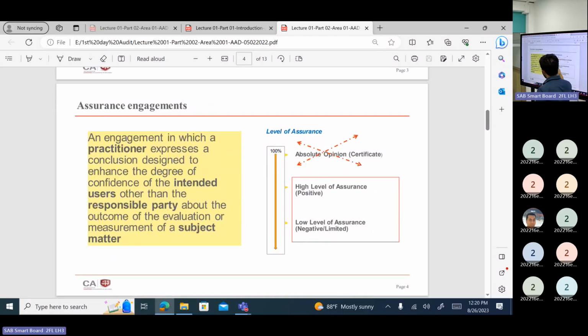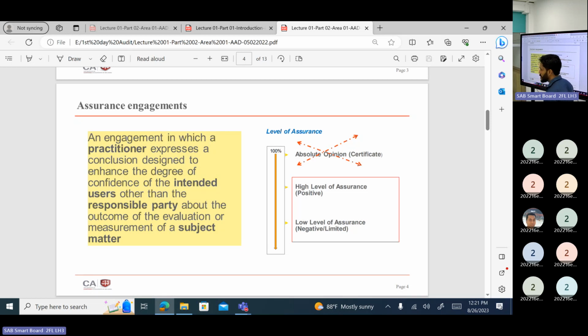So here we have assurance engagement, right? Definition, I have already discussed. They are not giving any absolute opinion, right? They are giving high level assurance and low level assurance. 100% opinion we are not giving, right? Assurance engagement is where the practitioner expresses a conclusion designed to enhance the degree of confidence of the intended user, other than the responsible party, about the outcome of the evaluation or measurement of a subject matter.